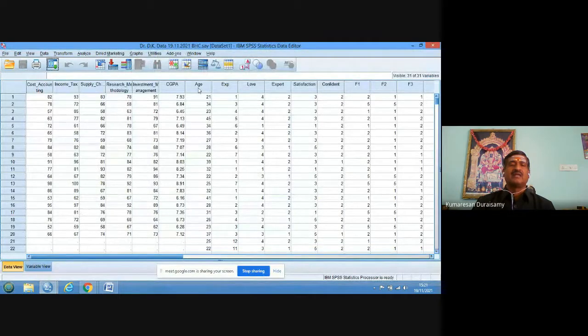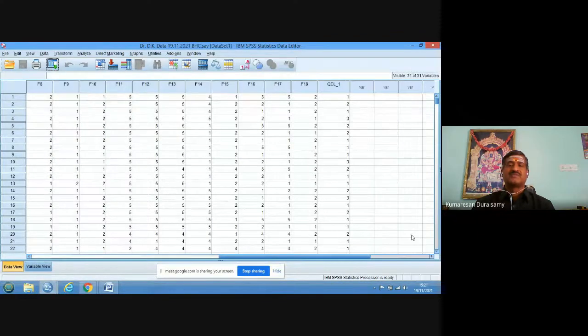Now look at the data once again. See, I have given age, experience, love, expert, satisfaction. These are the 5 variables we have taken. Then confident, this is a variable for the next analysis. And F1 to F16, that is F18, that is for the factor analysis.